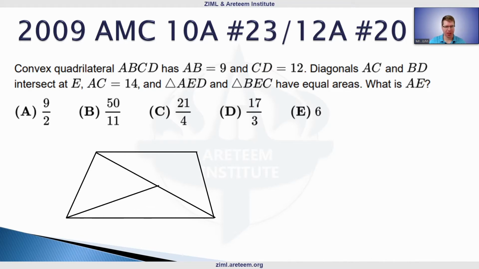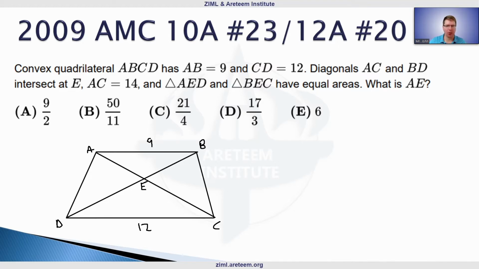So we have our quadrilateral. We have these lengths 9 and 12. So let me label the top AB, and that's 9. The bottom CD is 12. Remember, we always order in a circular pattern there.